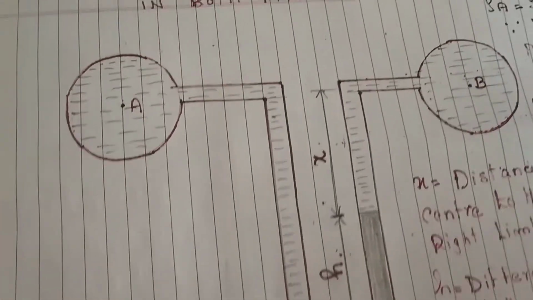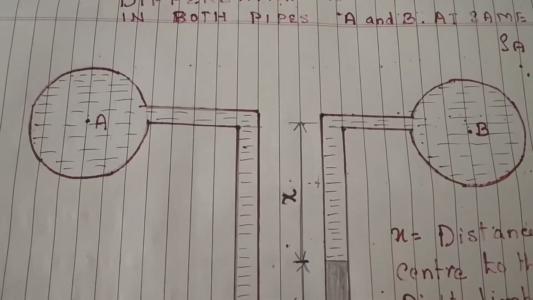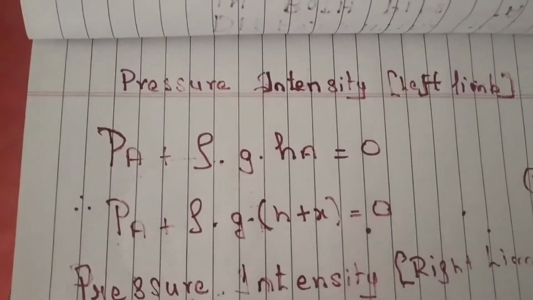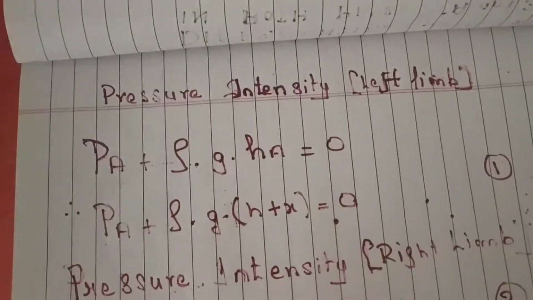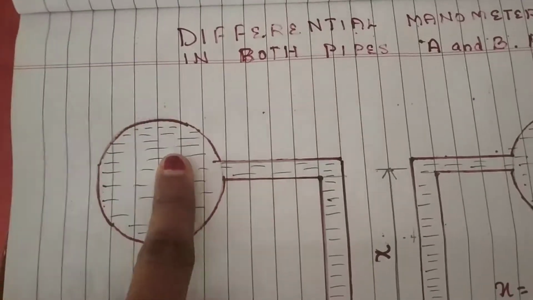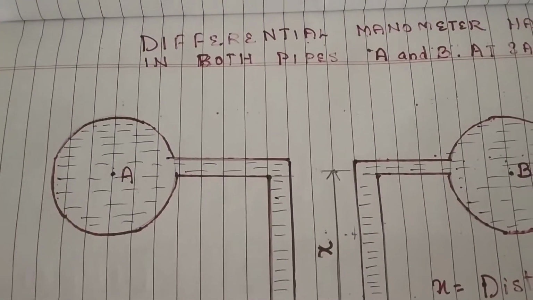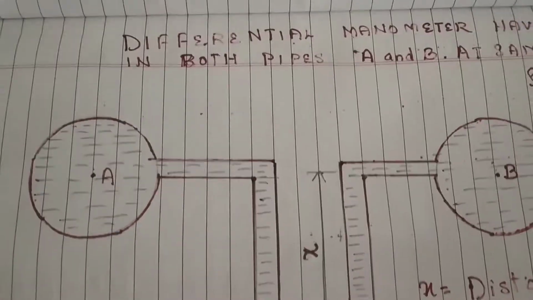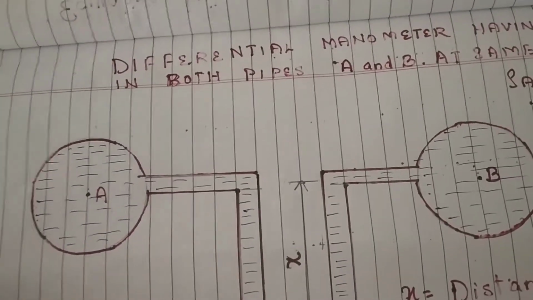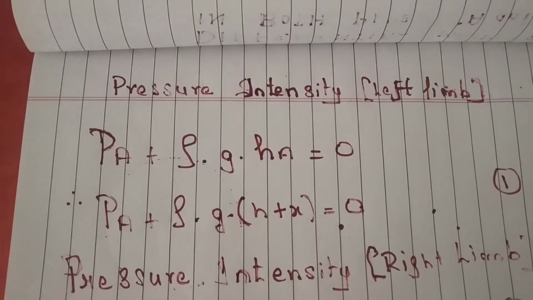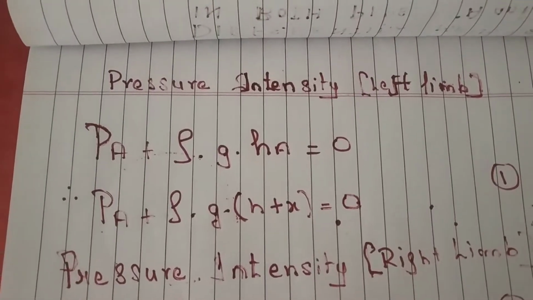Now we are going to equate the pressures in the left limb and the right limb. On the next page, I have equated the pressure intensity. This is my left limb and this is my right limb. To my left is pipe A, to my right is pipe B. Since the density of both fluids is the same, I have denoted it as rho.